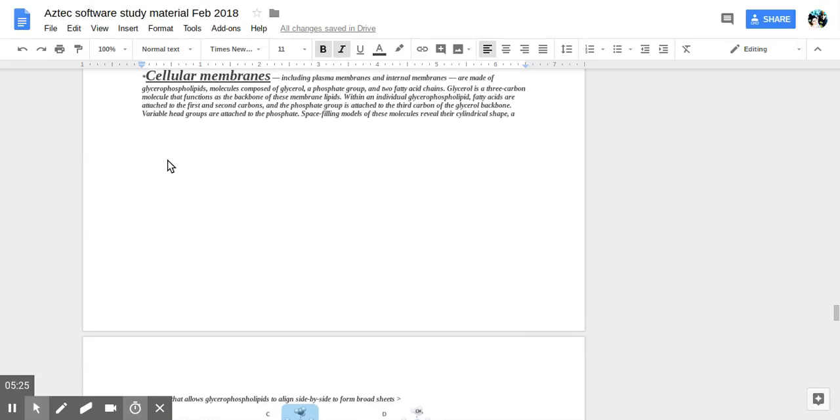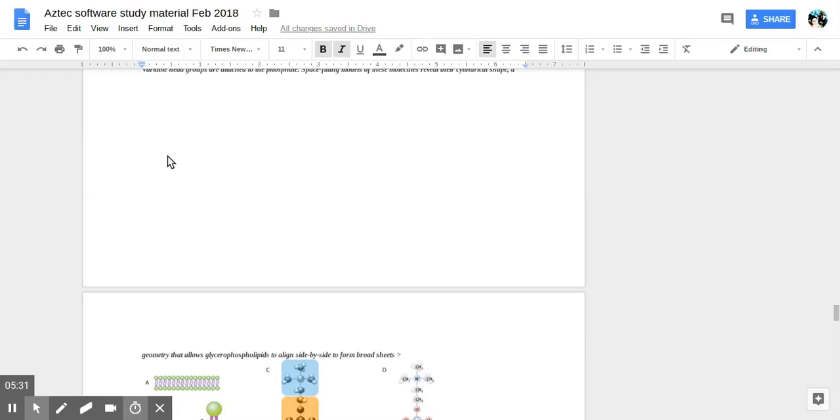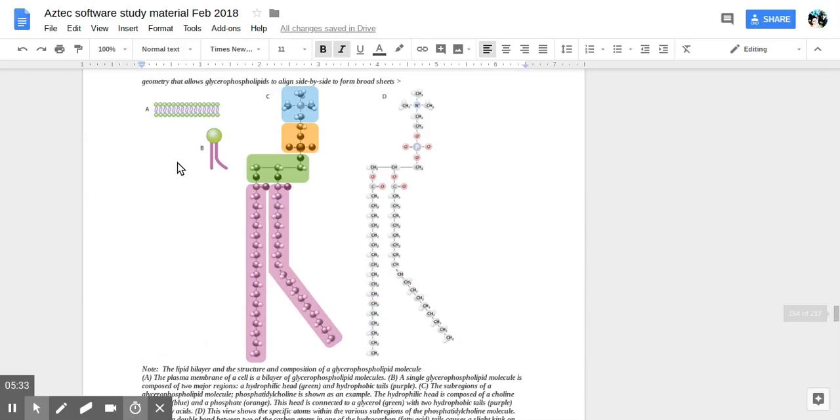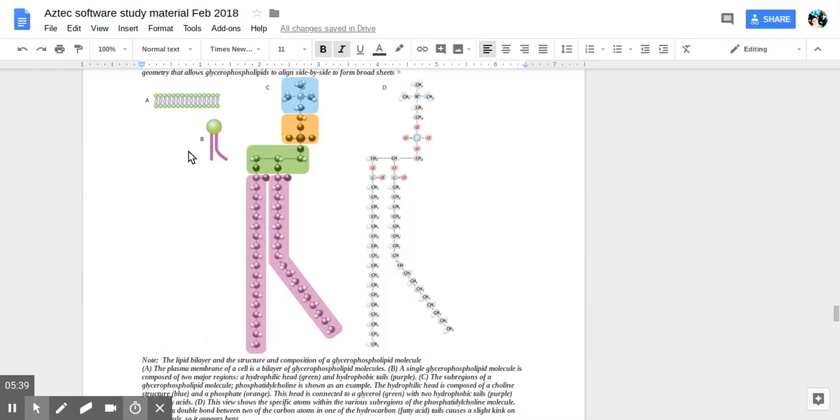Space-filling models of these molecules reveal their cylindrical shape, a geometry that allows the glycerophospholipids to align side by side to form broad sheets. So that's how the membranes are constructed, made of these glycerophospholipids.